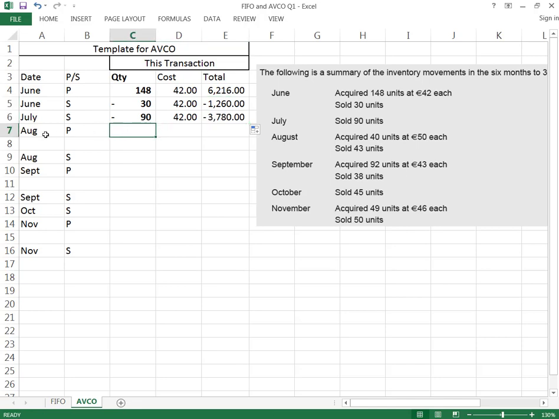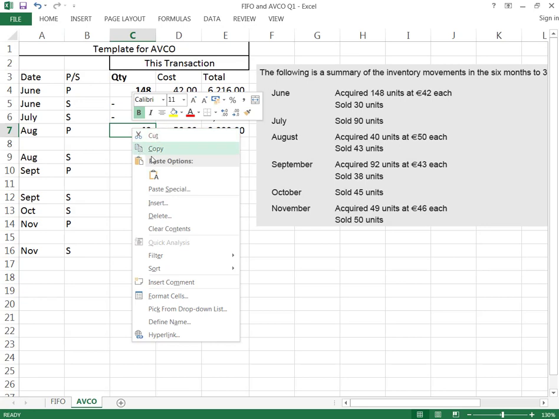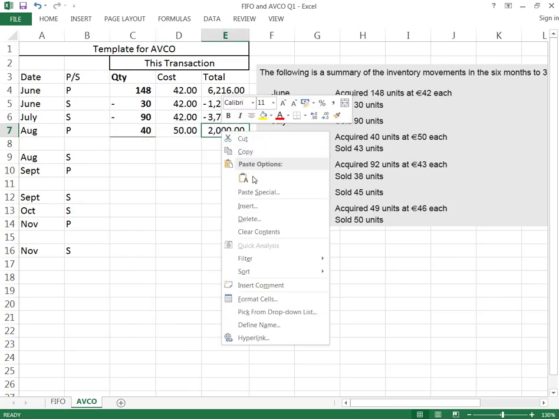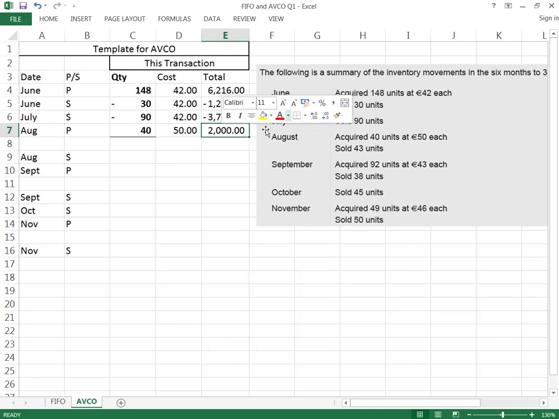And my next purchase then in August is 40 units at 50, and we know that's 2000. So what we're going to do then is we're going to total this one. Underline and underline. We're going to total these.